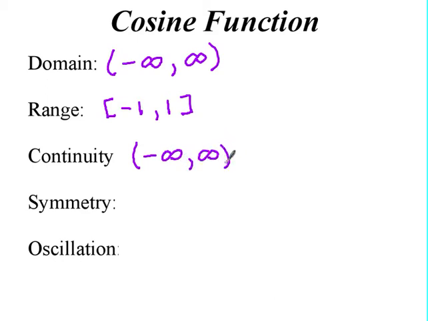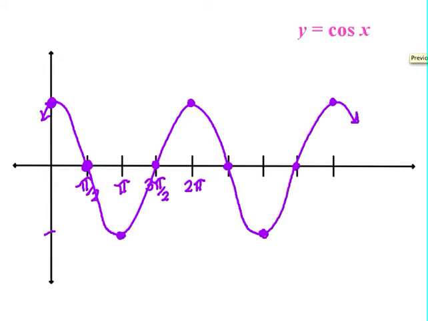Now, there will be some trig functions that will not be continuous everywhere. We're going to have some of those asymptotes in there. What about the symmetry? What type of symmetry is going to happen here? Y-axis symmetry, because this side's going to now start to go down.